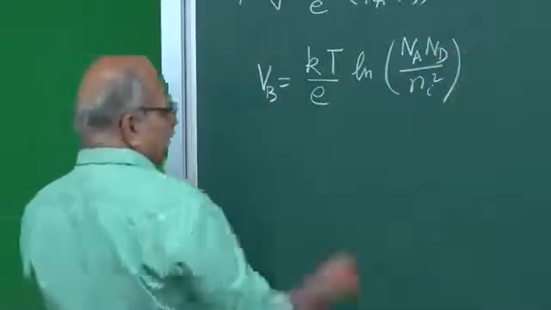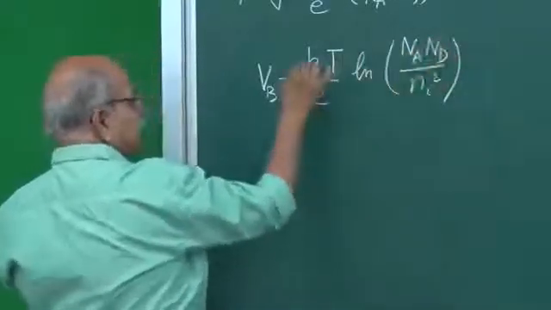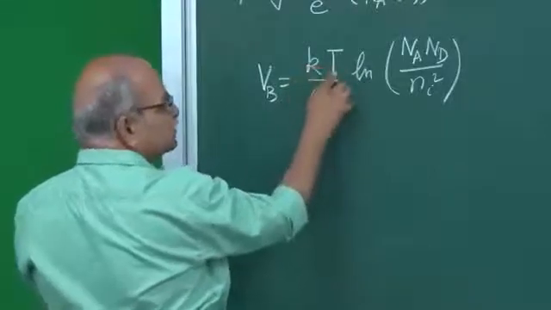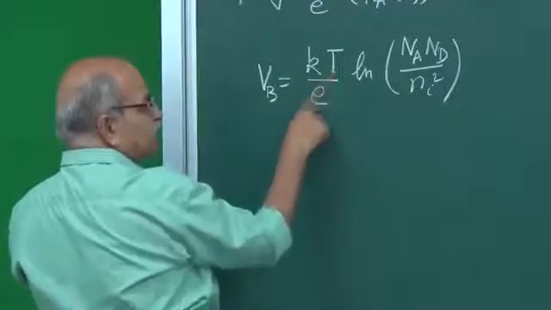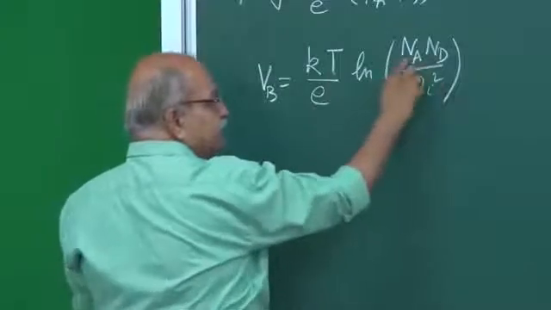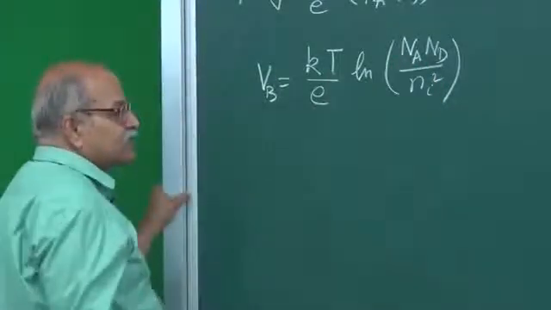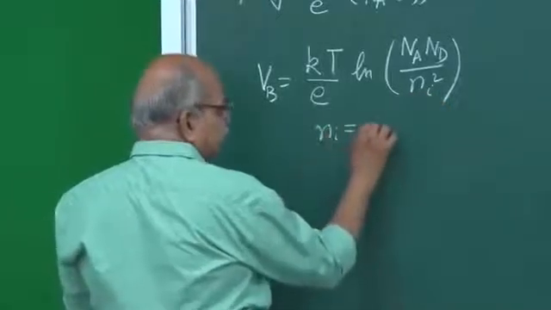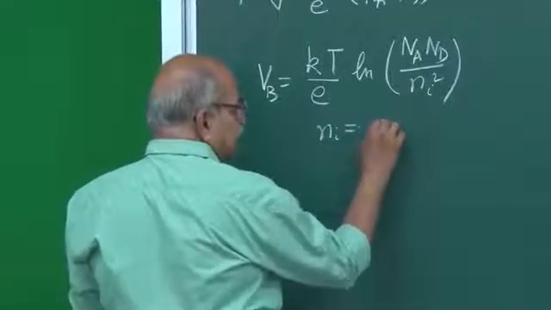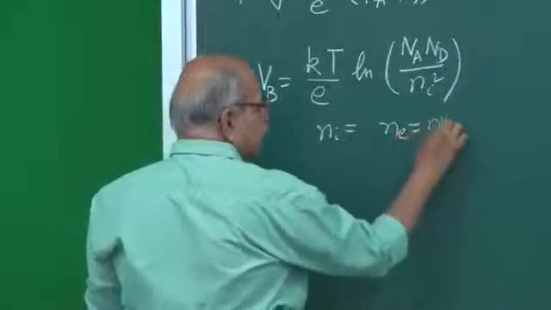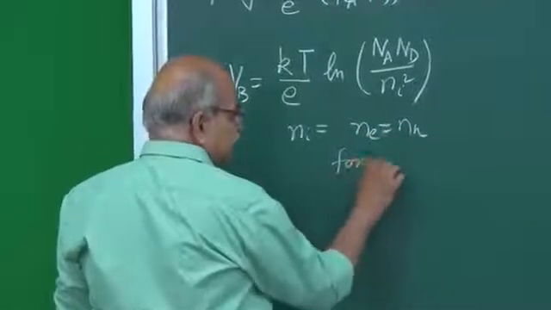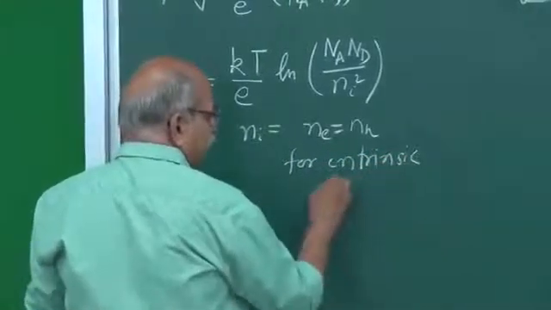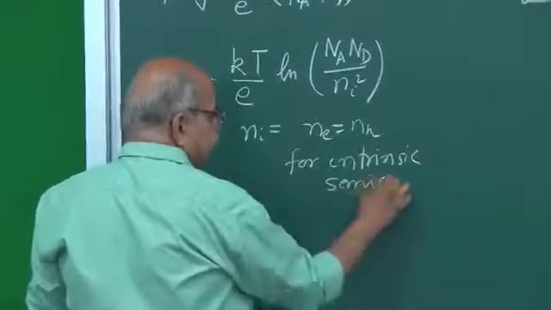You remember we have introduced all these symbols. This is Boltzmann constant K into T, Boltzmann constant into temperature in Kelvin, E the electronic charge, Na, Nd are the densities of acceptor and donor ions, and this ni is just Ne and Nh, which are equal for intrinsic semiconductor before doping.